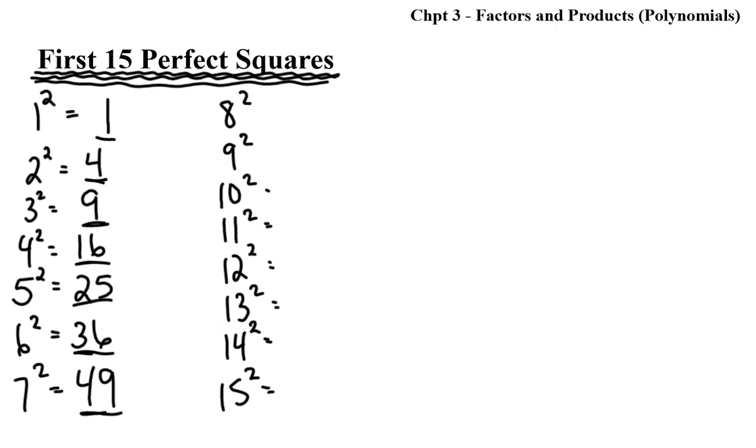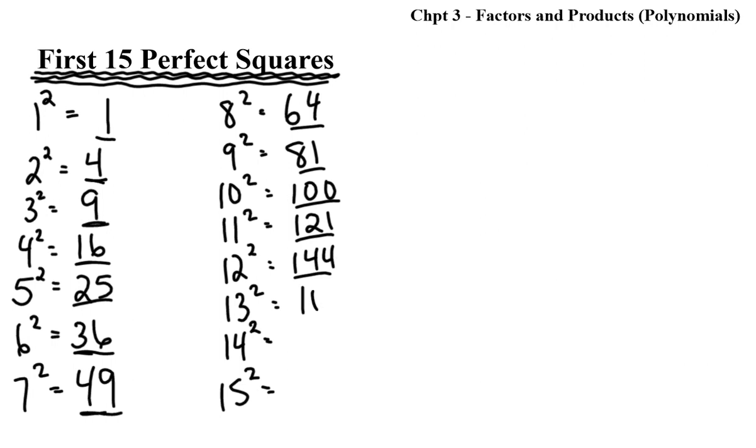So these, if you don't know them, really you should. 64 is the next perfect square. 81, 100, 121, 144, 169, 196, and 225.